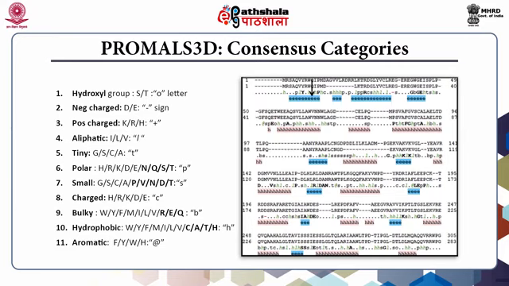The lowercase l in italics indicates the presence of any of the three small aliphatic amino acids, valine, leucine or isoleucine. The conservation of any of the four tiny amino acids, glycine, alanine, serine or cysteine is indicated by a lowercase t.